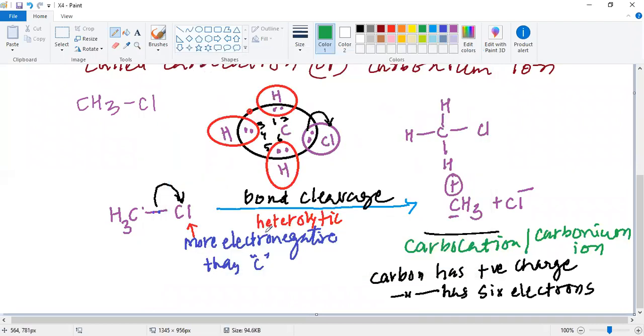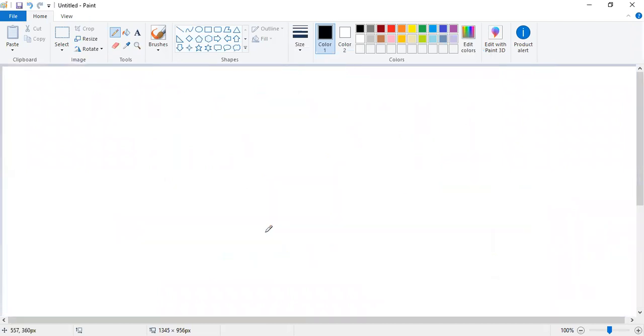So this is how, my dear students, we understand about carbocation or carbonium ion. Now, when we study about the carbocation, there are various types of carbocation possible.